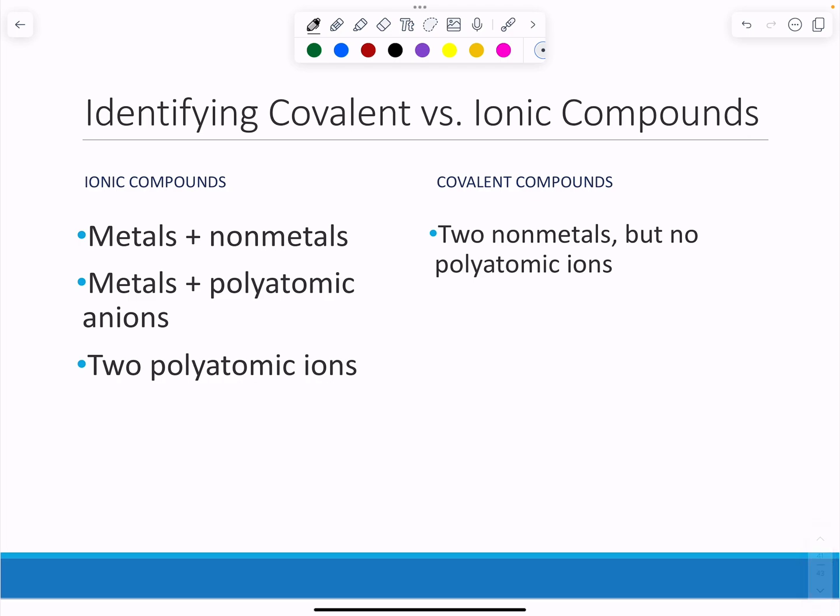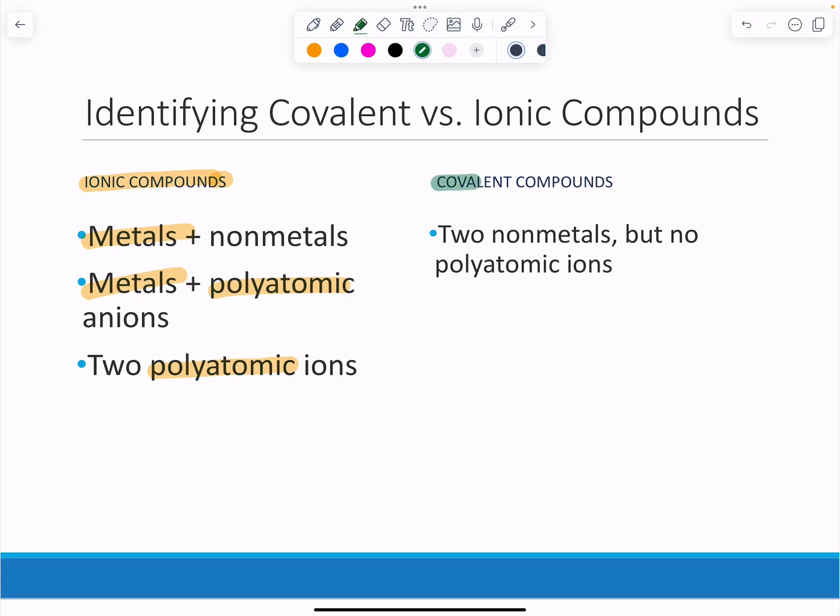Okay, so again, we're going to round this up by thinking about what naming conventions I am going to use, how do I know what's in my compound and how to represent it, right? So ionic compounds, remember, are going to be things that either have metals in them or polyatomic ions, or both a metal and a polyatomic ion.